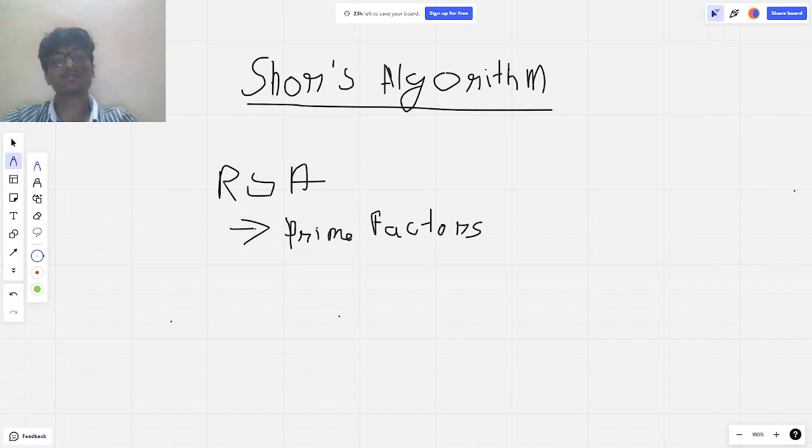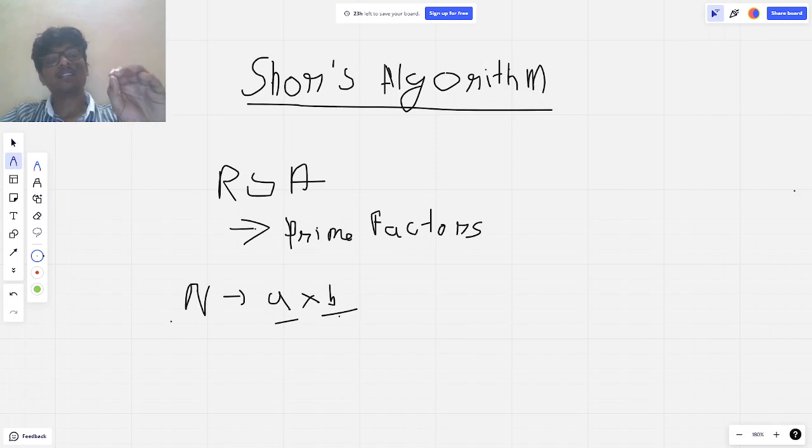How this works is, in RSA there will be a very large number, say n. This n is a product of two prime numbers, say a and b. The encryptor can easily find n by multiplying a and b, simple multiplication. But for the decryptor, finding a and b using n is very difficult, even for today's computers.